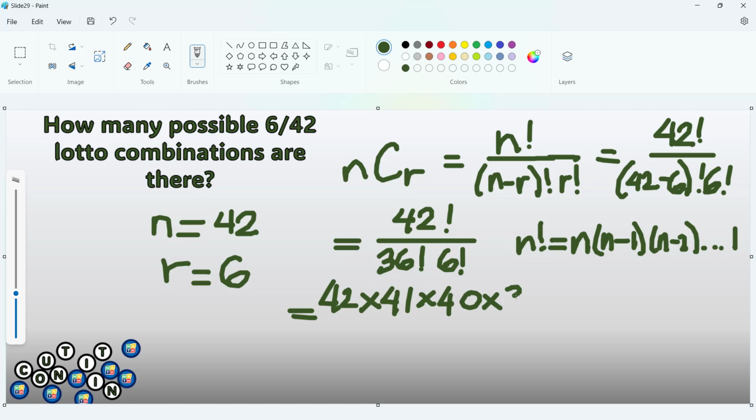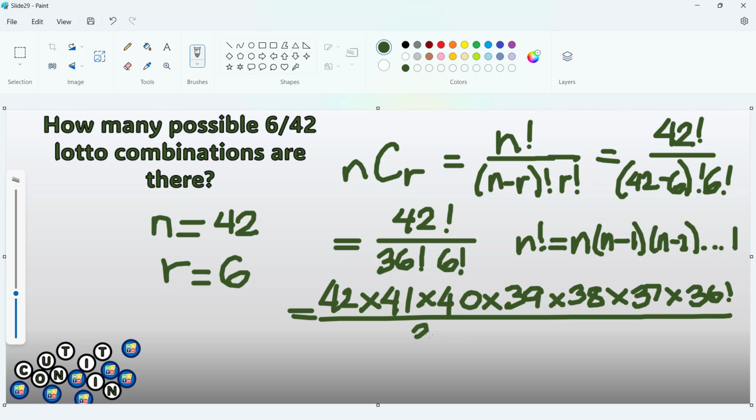It may be a little bit longer, but I have 36 factorial at the denominator, so let me write 42 times 41 times 40 times 39 times 38 times 37 times 36 factorial. I could do that until 1, but since I have a denominator of 36 factorial here, I could simply cancel them because they are under multiplication. What I have on the denominator is just 6 factorial.